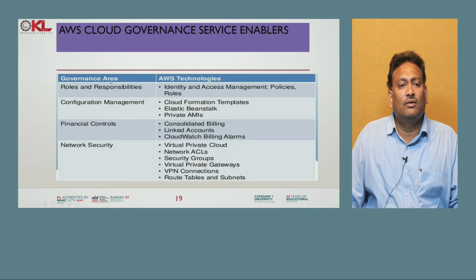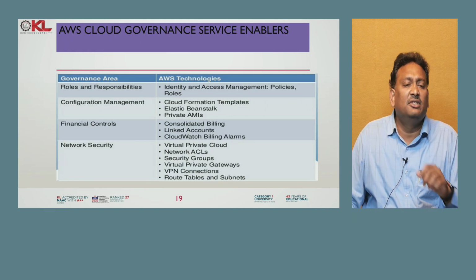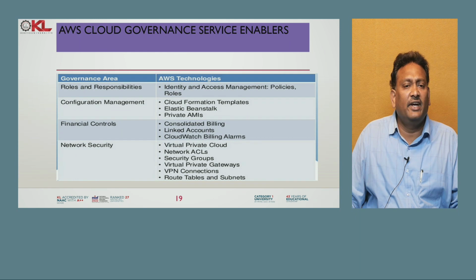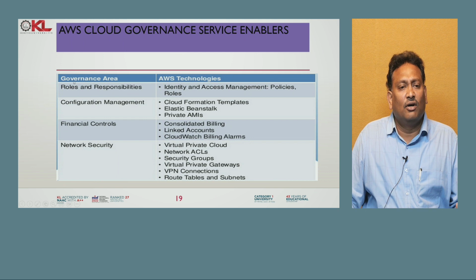That is the list of governance areas. Governance means we can always define rules and regulations and frame policies to manage and mitigate risk in business. Here we have the governance areas: roles and responsibilities, configuration management, financial control, network security.